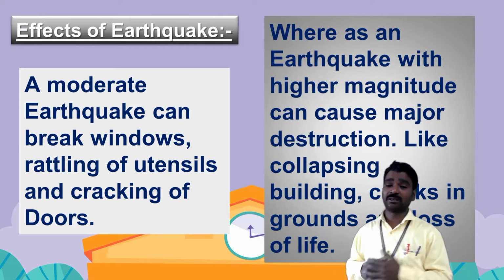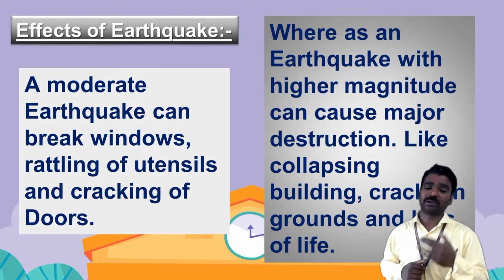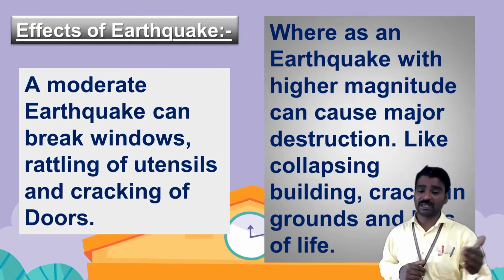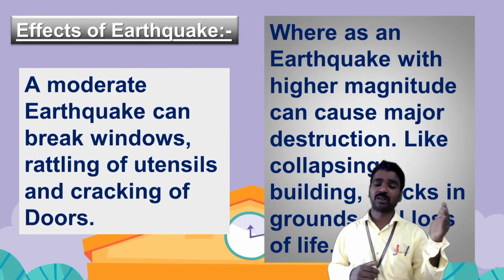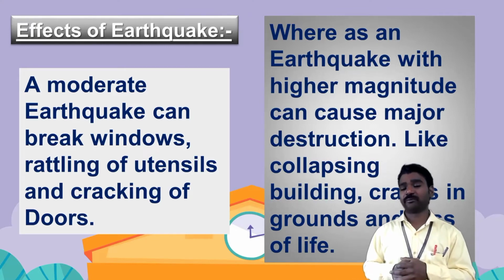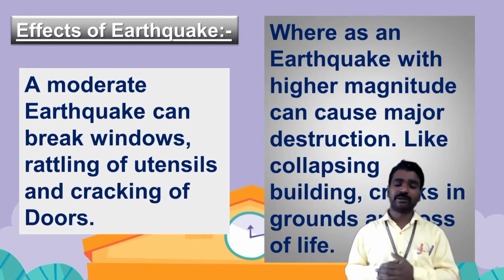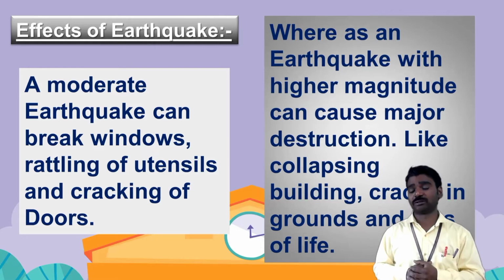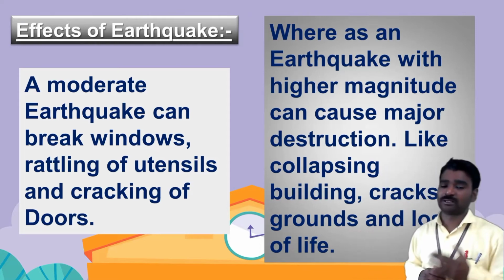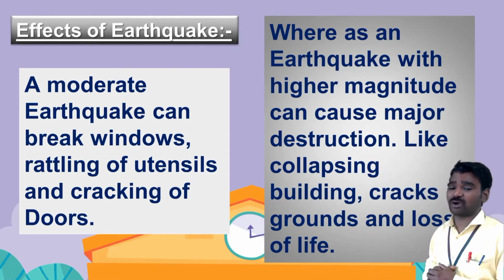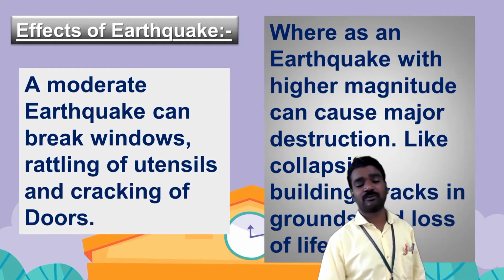Even newly constructed buildings, if proper norms were not followed while constructing them, may collapse, and people inside or under those buildings may be trapped and lose their lives. So collapsing of buildings is one thing. Cracks on the ground and loss of life, these are the various effects of the earthquake.